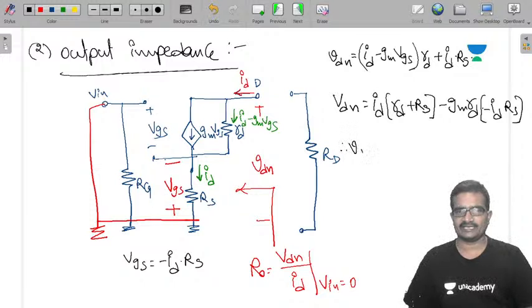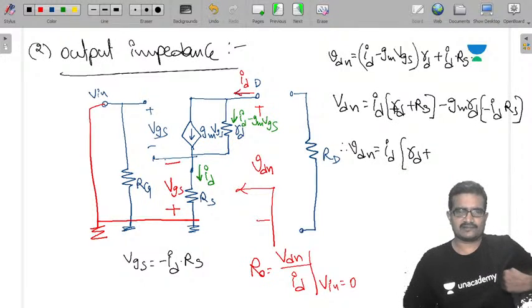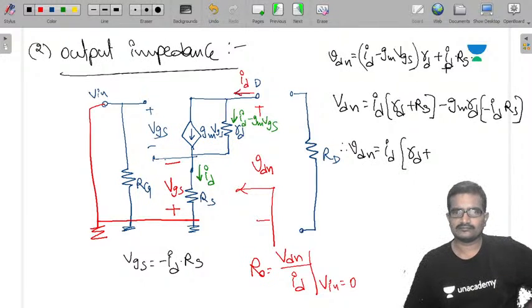Therefore VDN is ID into rd plus ID into RS. Fine. But ID RS is minus VGS. Okay, minus VGS.